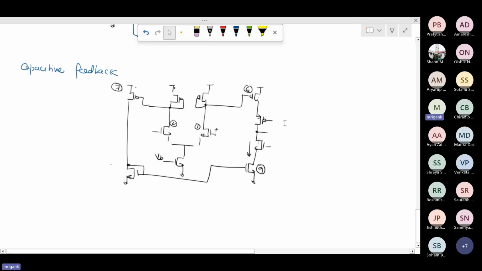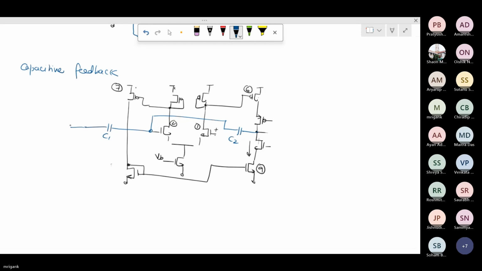With capacitive feedback, you use C1 over here, C1, C2, and here apply the AC signal. The DC is not material now. Whatever the V in AC, DC is decoupled, so whatever AC signal you apply will get amplified and appear here. And the equivalent op-amp block diagram will be something like this.